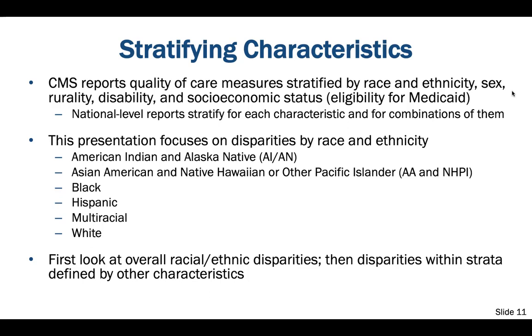And anybody who endorses 2 or more races but not Hispanic is in the multiracial category, with the exception that for now, people who endorse the exact combination of Asian American and Native Hawaiian or other Pacific Islander are in a joint Asian American and HPI category.